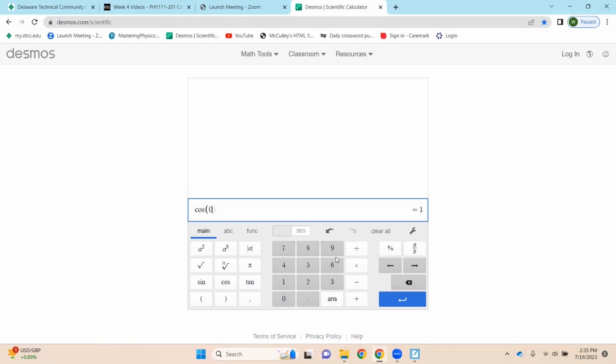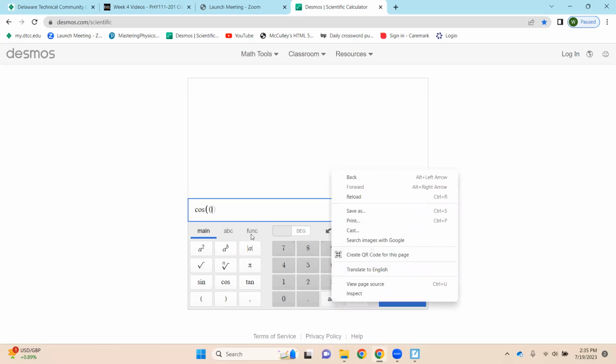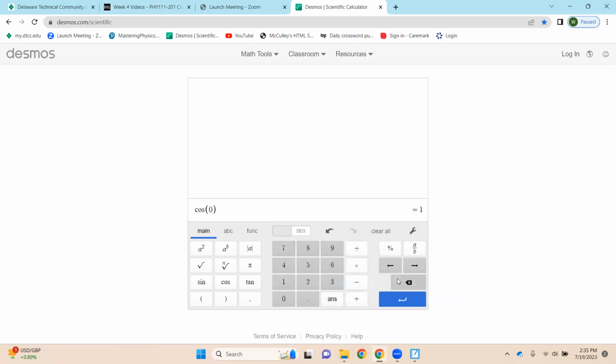Those are always what it should be. If for some reason your calculator is giving you something weird that isn't those answers, that's the quickest way to verify that it's in degree mode. You can probably Google your calculator type and how to fix it, or just send me a message and a picture of your calculator, and I can tell you how to make sure you're in the right mode. If something's showing up weird, just ask and I'll help you out with that.